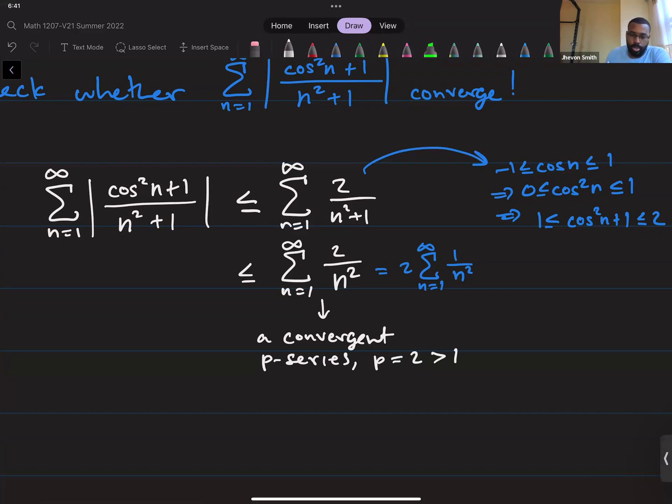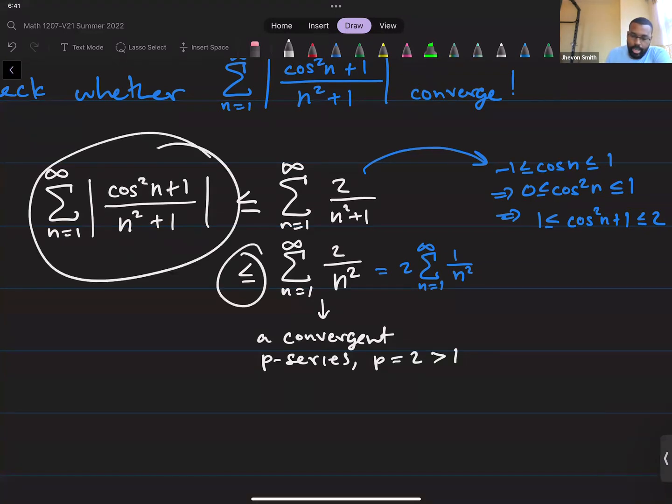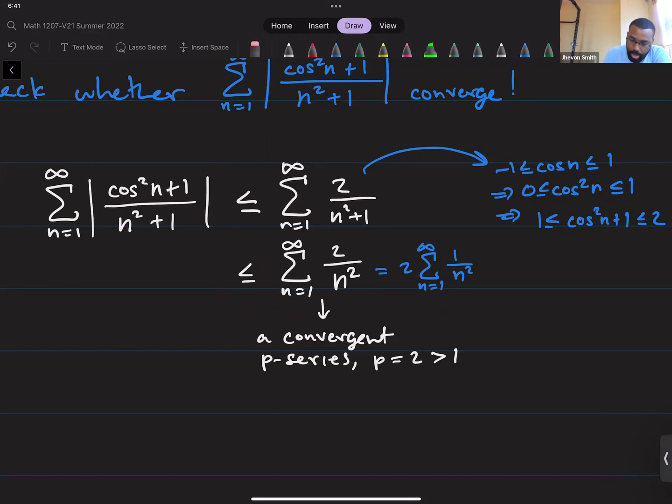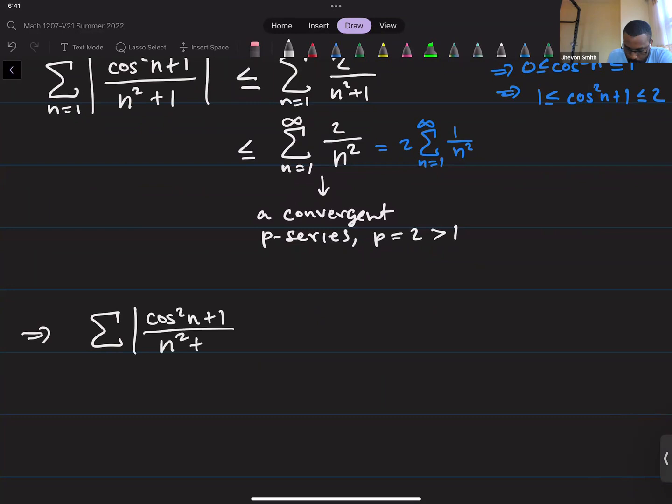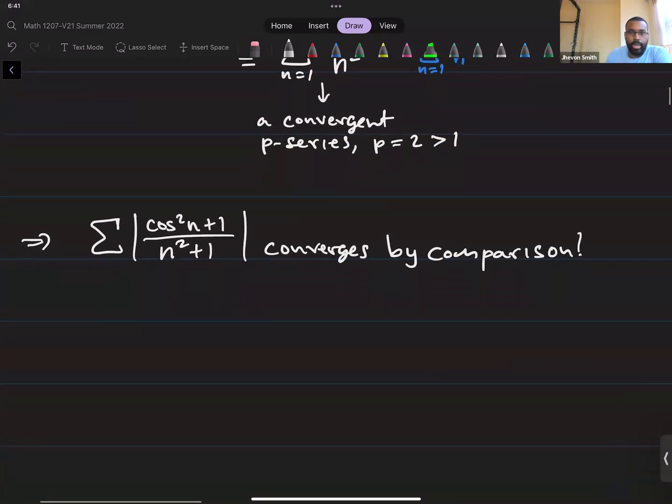So in absolute values, our original series is less than or equal to a series that we know converges, which means I would be able to make a determination on this based on comparison. So this means that this series converges by comparison. Now, what does it mean that this series converges by comparison?